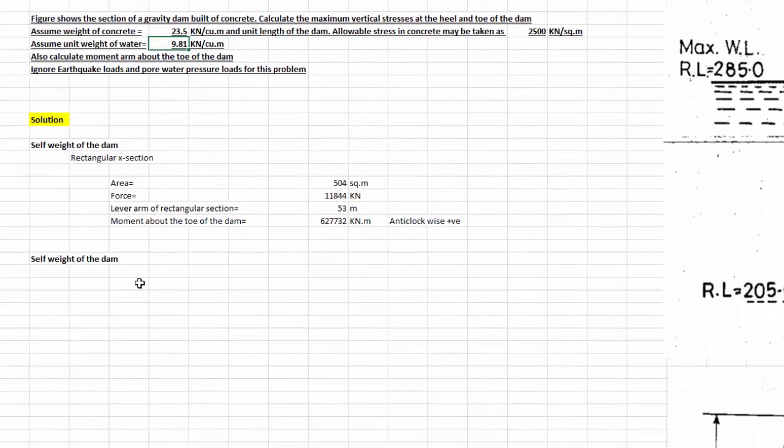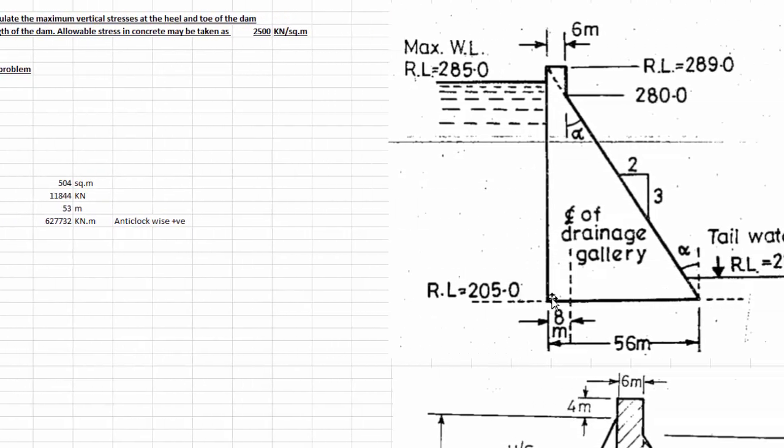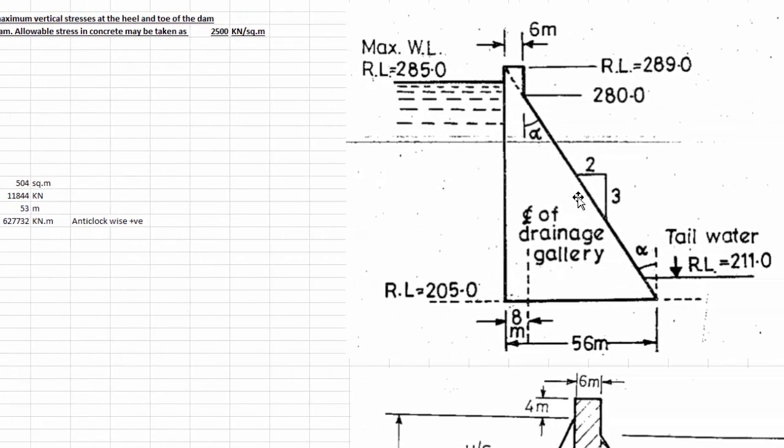Fine. I've started the solution of this numerical here, and we'll complete it together. Just first look at the structure of the dam. We have a very simple structure, a triangular structure. Different reduced levels are given. At the bottom, the reduced level is 205 meters.